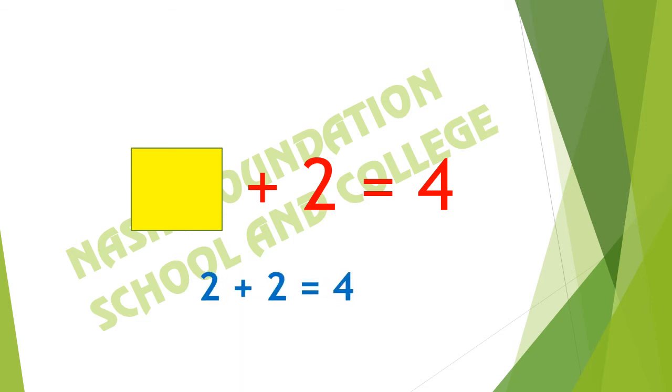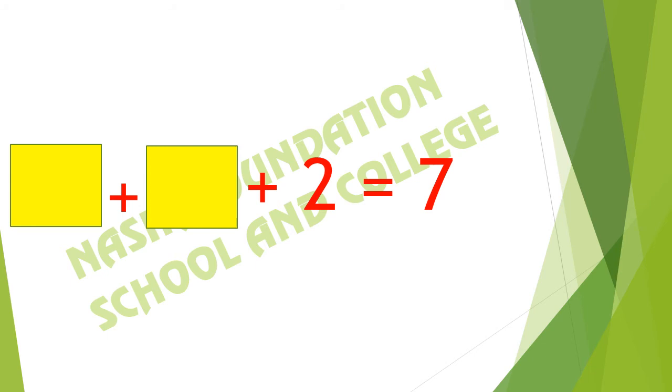If we add 2 to 2, we will get 4. So, in this box, it comes 2. As there is 2, but when we don't know the number, we place X instead of this 2, as we are assuming a variable to find out the correct answer. That makes this equation true.